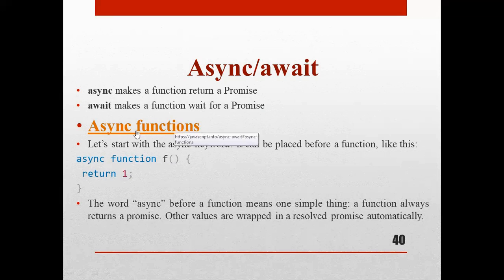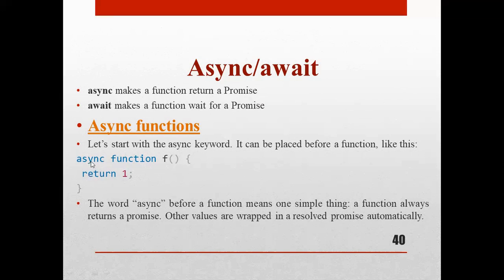First we will see the async function. The async function starts with the async keyword. It can be placed before a function like this here. Before writing the function, like function f, the async keyword is placed. So here async function f, then the body of that function.